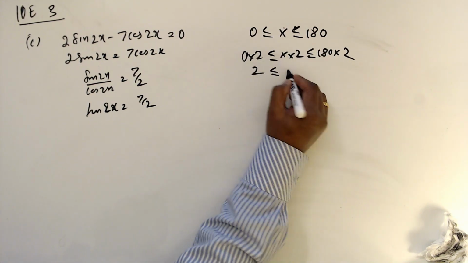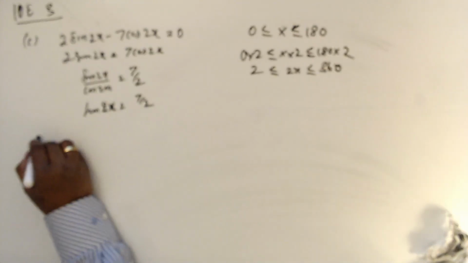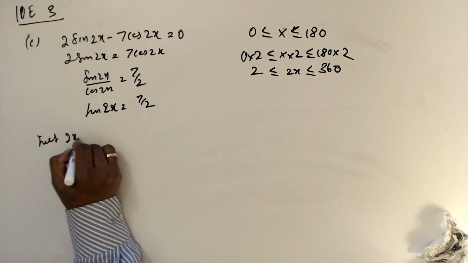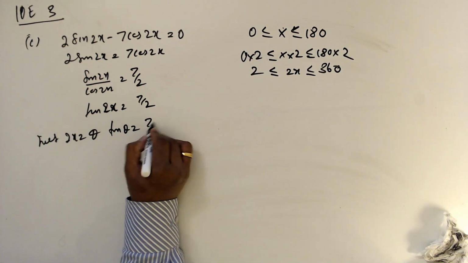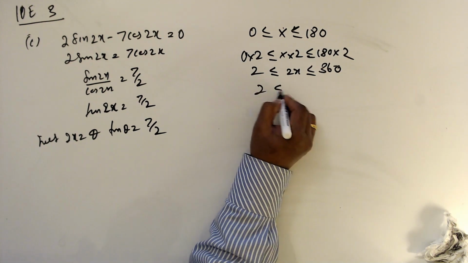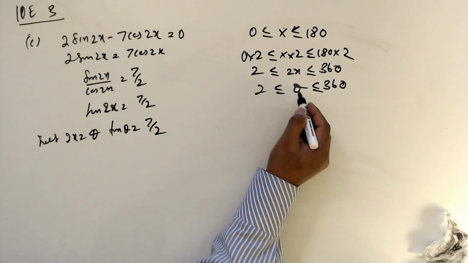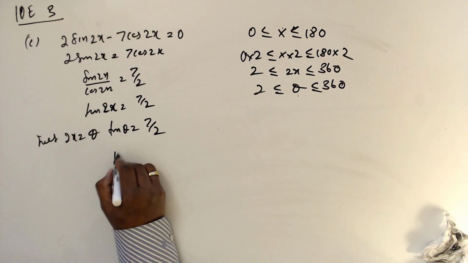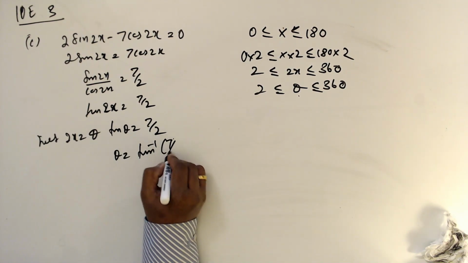This is 2x, this is 360. Let 2x equal θ. So then tan θ equals 7 over 2, with 0 ≤ θ ≤ 360, because 2x equals θ we assume. So θ equals tan inverse 7 over 2.